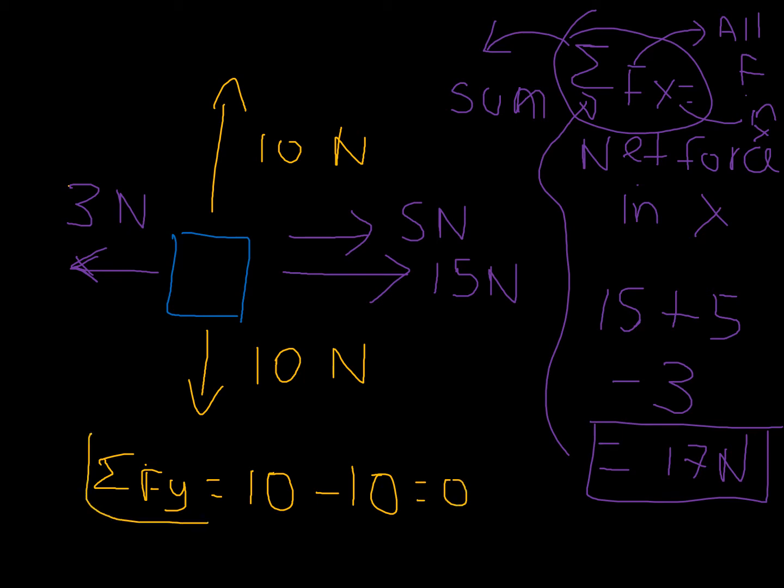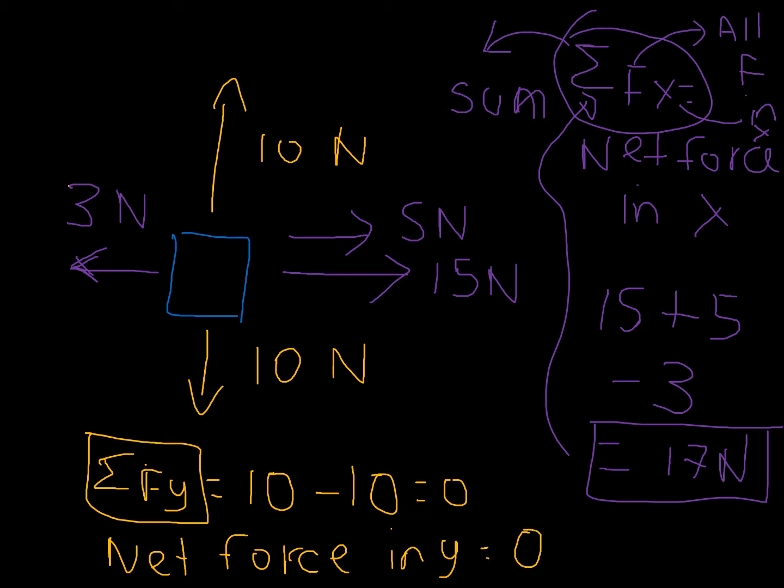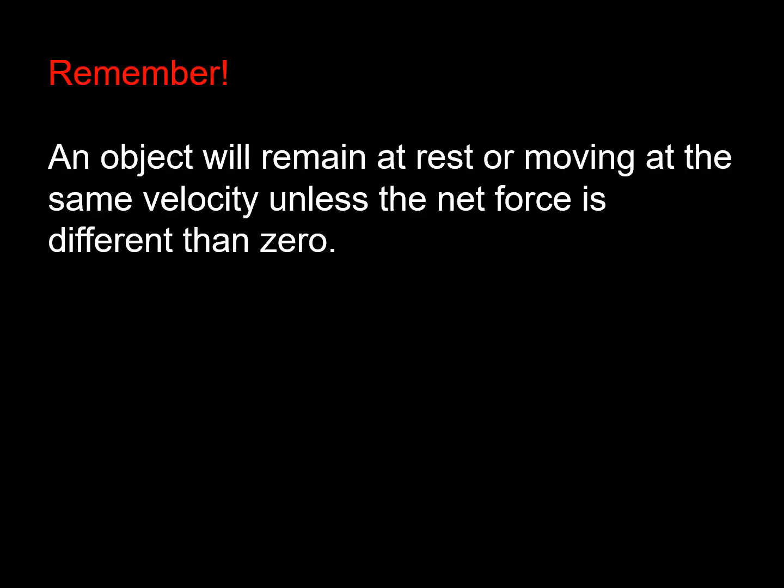So the sum of forces in Y, or the net force in Y, equals 0. Please remember, an object will remain at rest or moving at the same velocity unless the net force is different than 0.